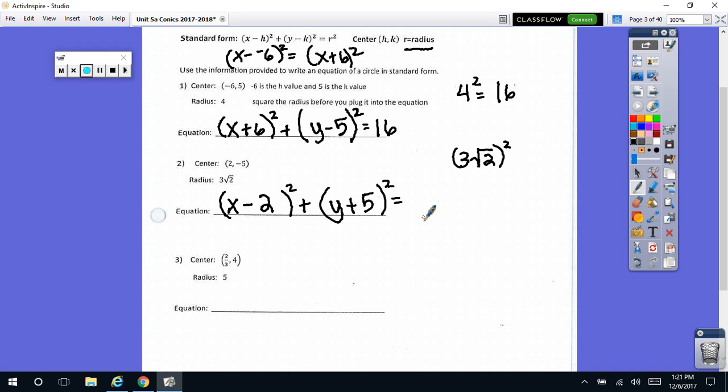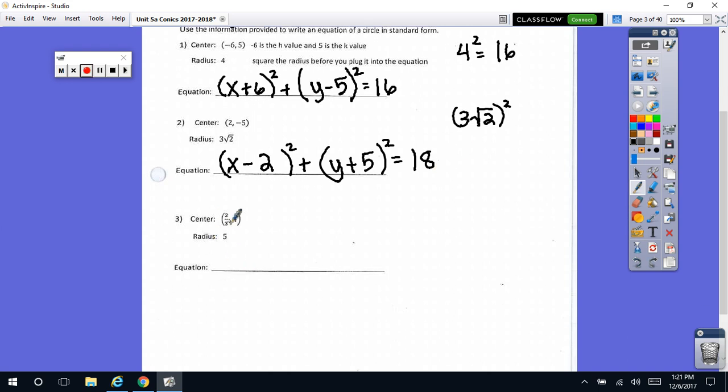Okay, type that in your calculator just like I have it right there. So 3 radical 2 squared. And you should get 18.